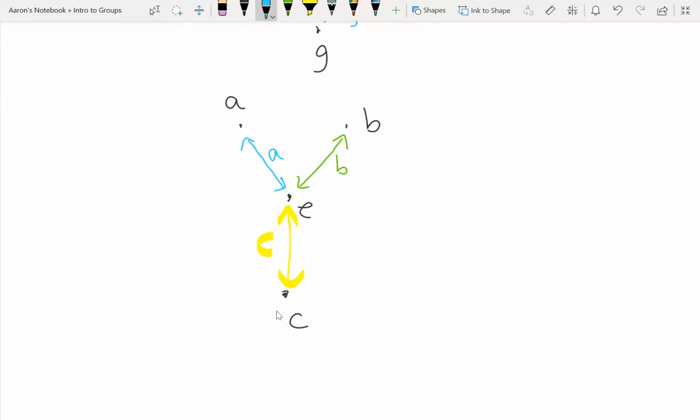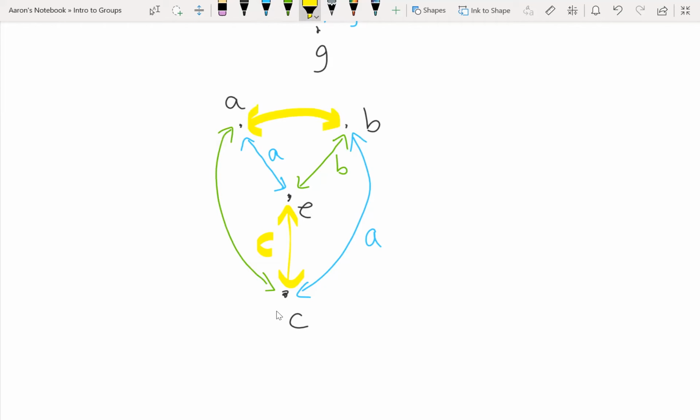And then, of course, if we multiply B and A together, this should give us C. If we multiply C and A together, that's also this. And A times B gives us C. C times B gives us A. And then finally, this.